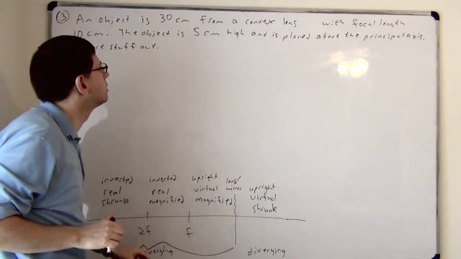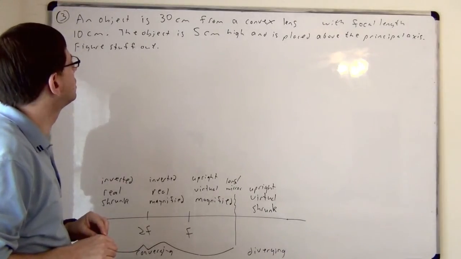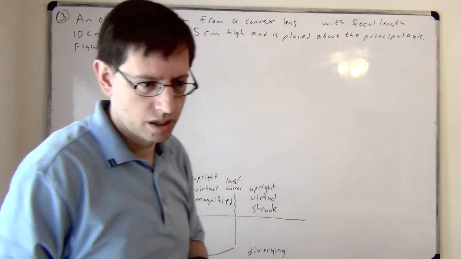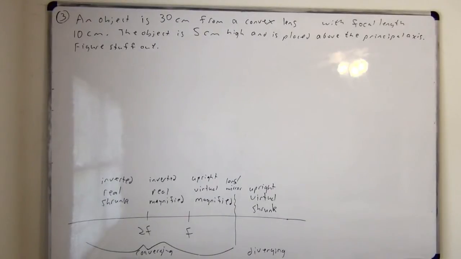Okay, let's try this problem. So for an object, now it's a convex lens.